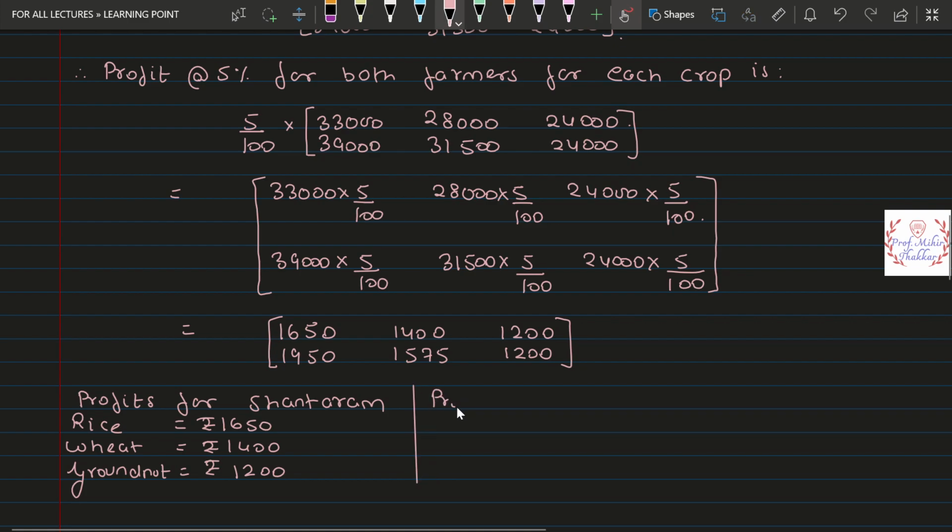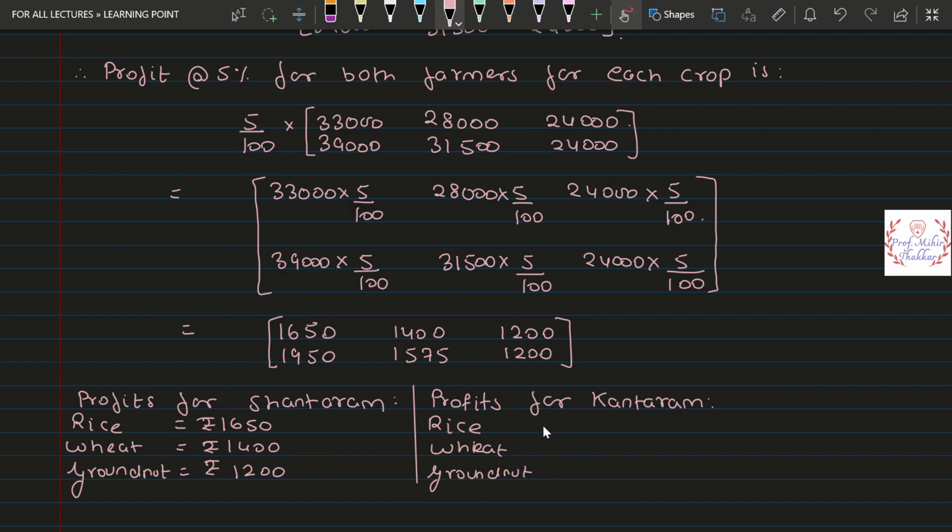Similarly, profits for Kantaram in the same crops, rice, wheat and groundnut: 1,950, 1575 and rupees 1,200.